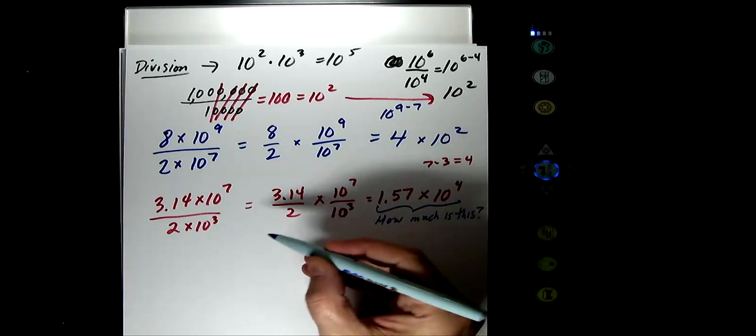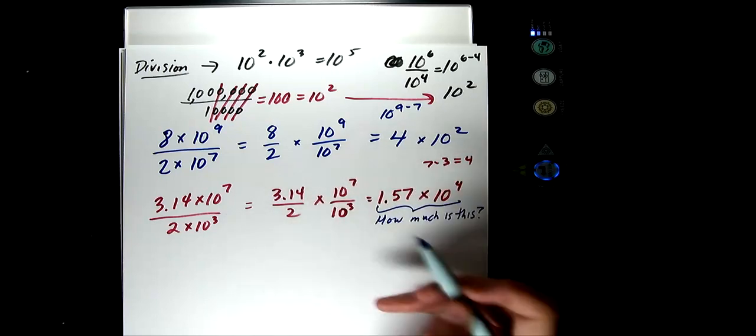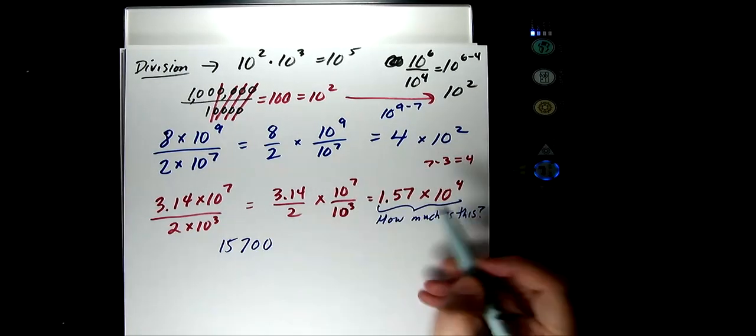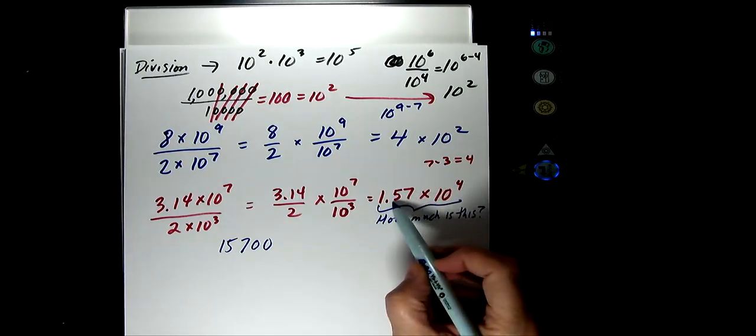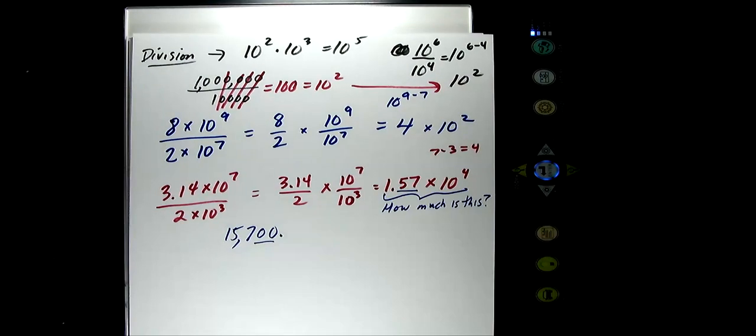Say it again. The 15,000? Might be. Let's see. I gotta move it 4 times, 2 of them are there, which means I need 2 more zeros, yeah. It's 15,700. Good.